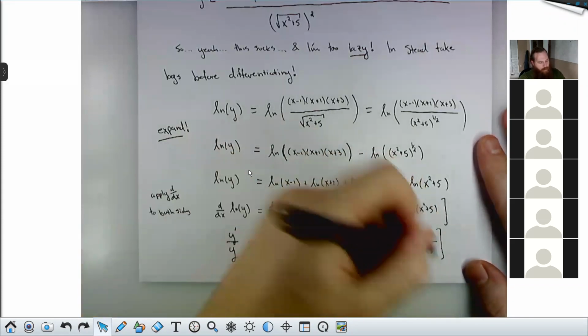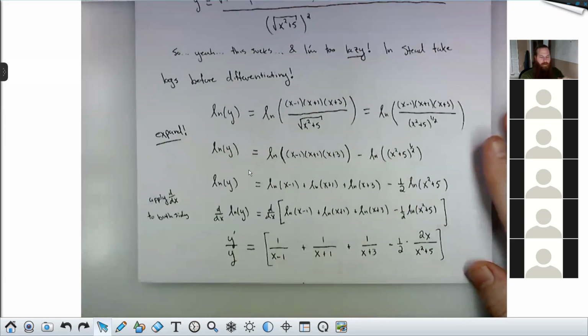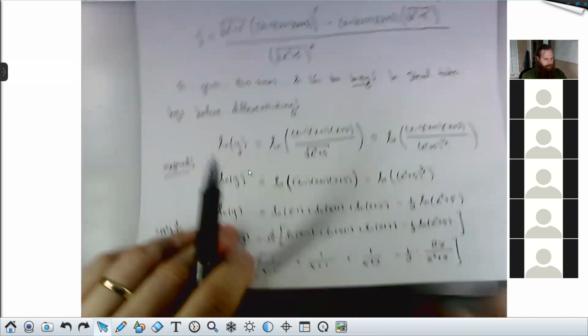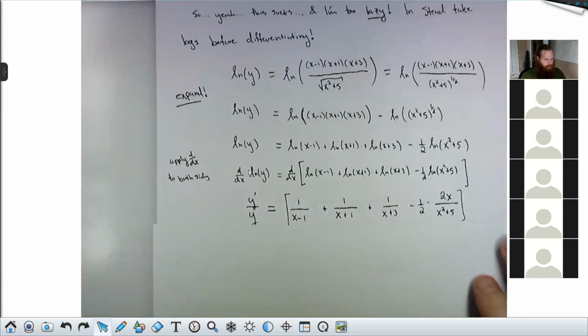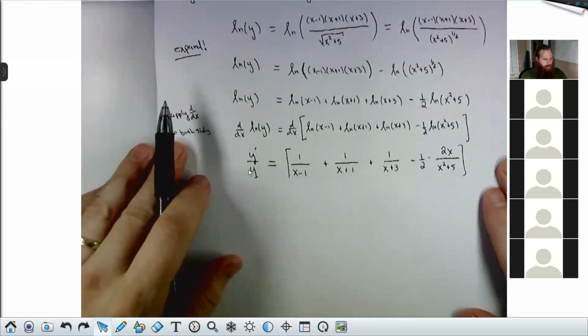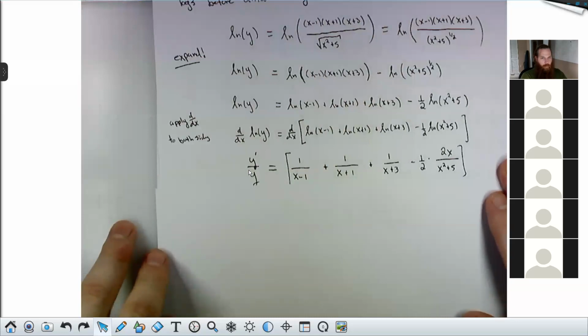So I get that y primed over y is equal to all this stuff. So my last step is to just multiply both sides by y. In other words, this is like those implicit differentiation problems. We just need to solve for y prime now.